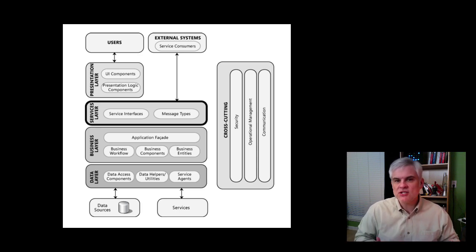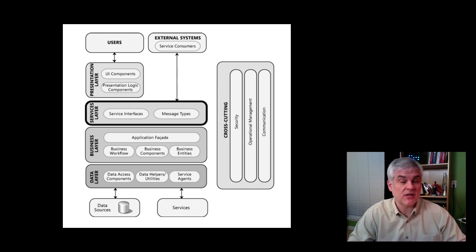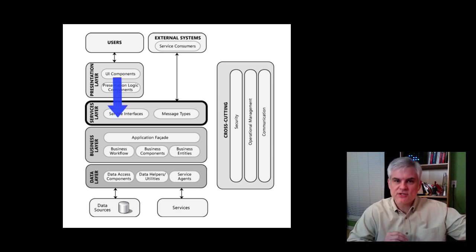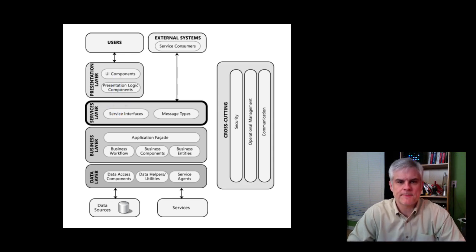A presentation layer is typically a native client application, but it doesn't necessarily have to be. It could be a website application. It would make calls into the application services layer by making calls against the web services layer.